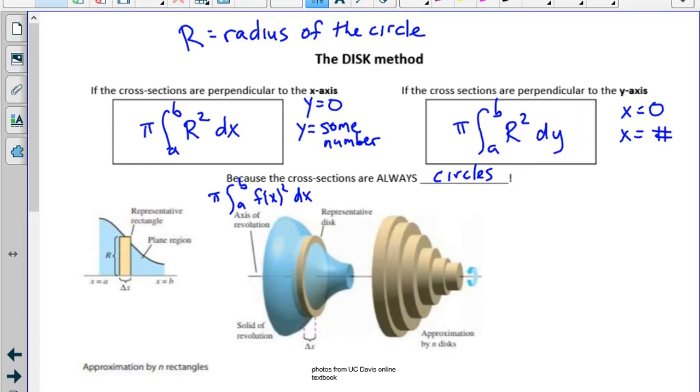And in this particular case, if I'm rotating some kind of function of y around the y-axis, and I have something that kind of looks like a bowl or something, this would be f of y in the spot where there's r. So it would be f of y squared, but that's not always the case, and we will show you what's going on as we move along.